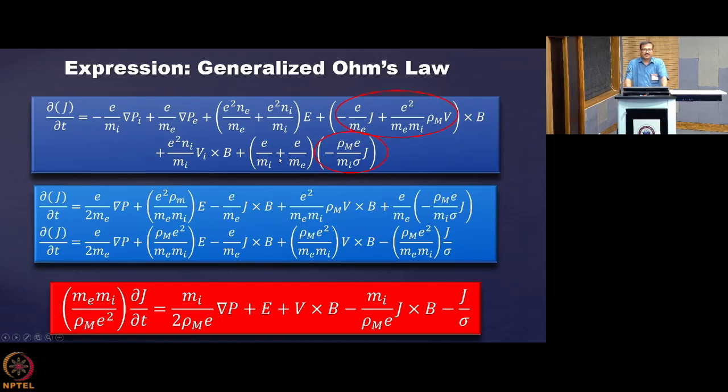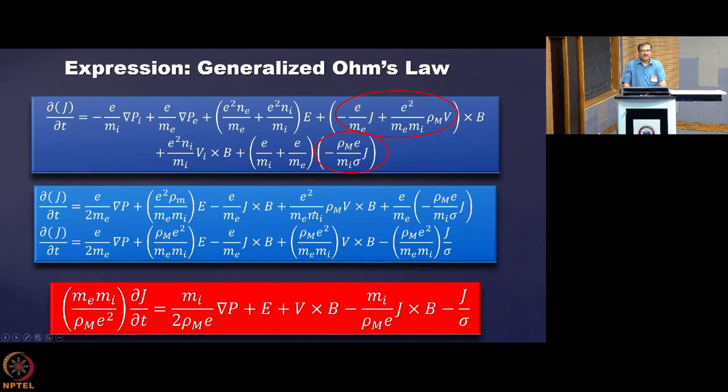Now here one thing we have done: you see that we have not used this term with mi. When you are dividing this by mi, this term is not there, and when you compare this term e by me and e by mi, the relative importance of this term is insignificant, because the mass of ion is much higher than that of electrons. So only this term you can keep for approximation, and that is exactly what we have done. E by me is over here, and this term is coming here.